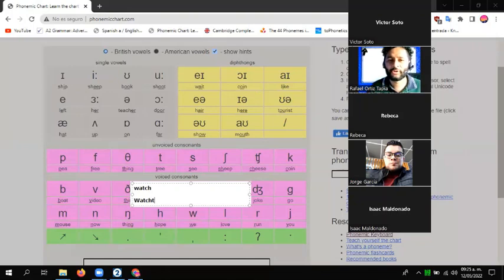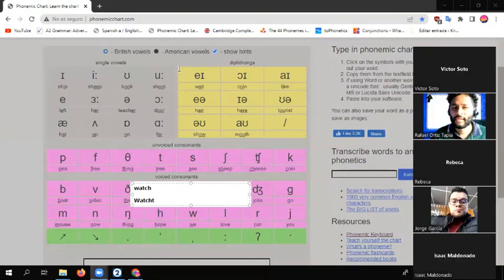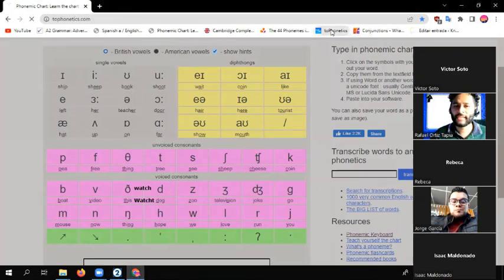Ahora, para que ustedes lo corroboren, digan, ay, pero no me acuerdo. Cada vez que tengan una palabra con ED, vénganse a esta página, miren, esta página está bien chida.